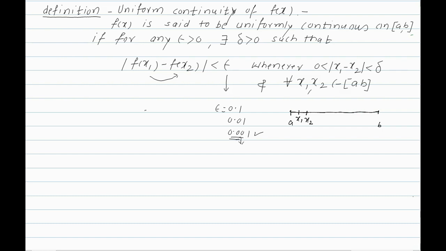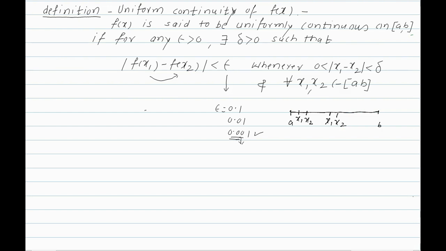The 2 points can be anywhere in the interval a comma b. So suppose these are the two values of x and their distance is also less than delta.